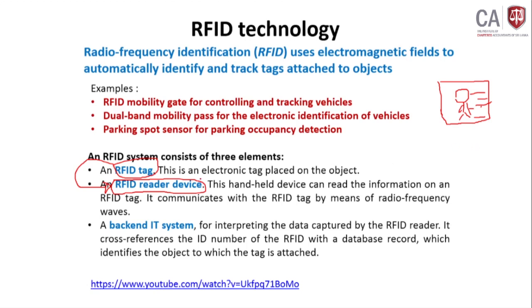If you have the RFID card in your pocket, that will automatically identify that you are coming, because the reader will read the data available in the card. There are different types of RFID cards and tags, because some are readable from a very long distance and some are readable only at a short distance.